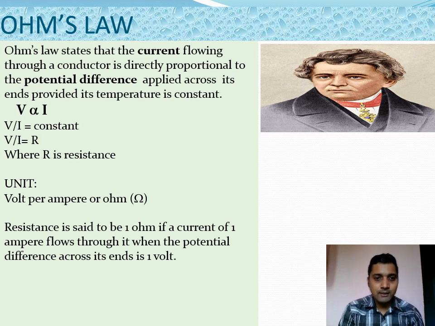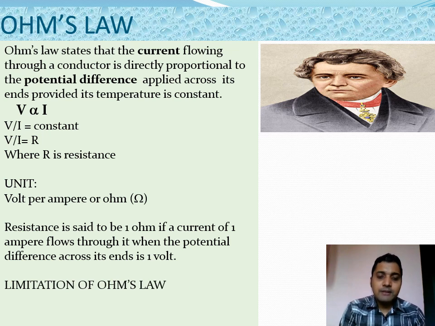So 1 ohm is when 1 ampere of current flows through a conductor and the potential difference, or work done on the charge between the two terminals, is 1 volt.